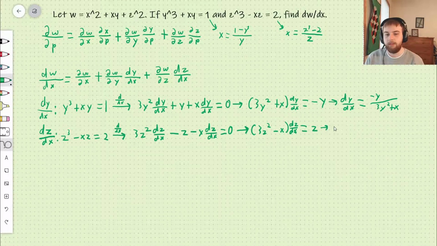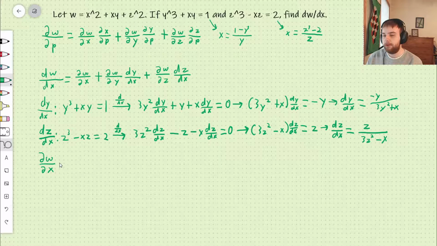So once again, we can solve for dz/dx, and dz/dx equals z over 3z squared minus x. Excuse me. Okay, now we just need to find a couple partial derivatives, which are easier.